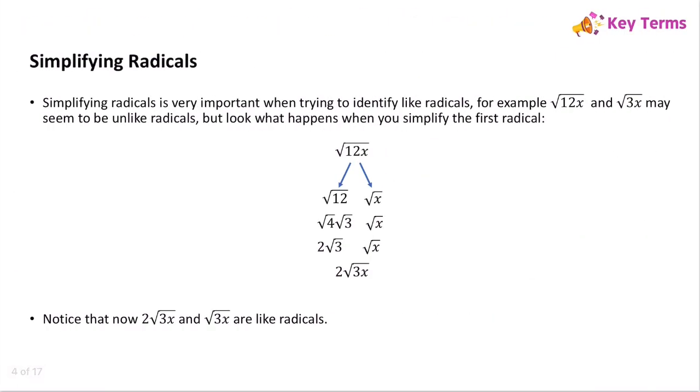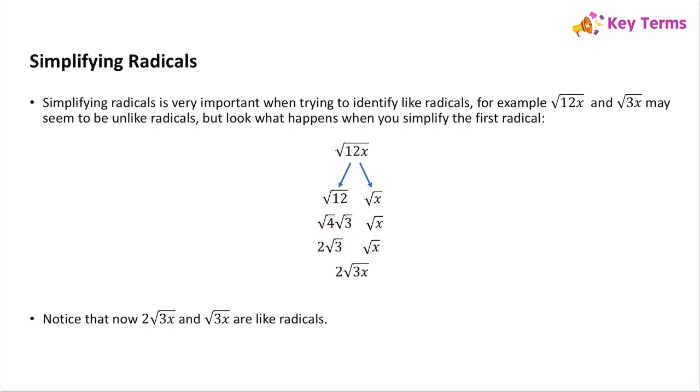So remember we talked about simplifying radicals, and this is very important when trying to identify like radicals. Because if you look at the square root of 12x and the square root of 3x, you may say, well, they're unlike radicals because they have the same index, but the radicand is different. Well, what if we simplify 12x? Remember, we can simplify 12x by separating into 12 and x, and then notice how 12 has the factors of 4 and 3.